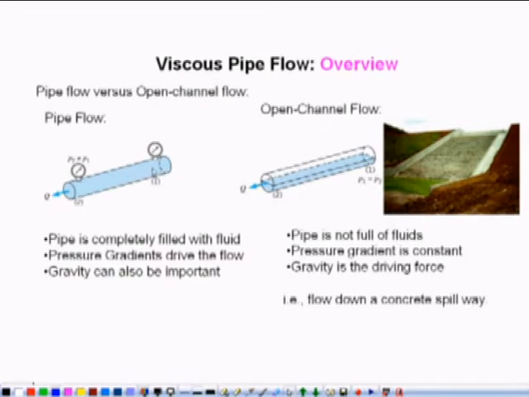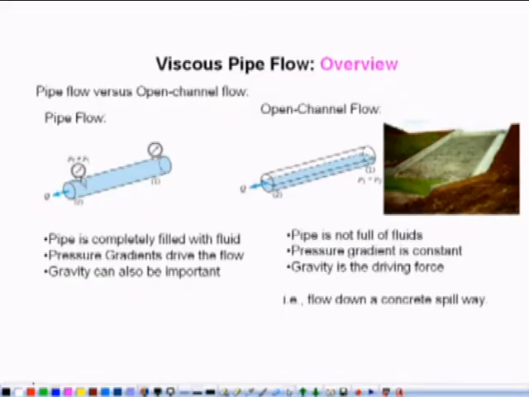So, in pipe flow there is a pressure gradient. What is pressure gradient? It means there is a del P over del X. This pressure must be different than this pressure, only then we have a fluid flow through a pipe. In this case, the gravity also can be important, but it is not only gravity because of which fluid is flowing. Fluid can flow upward also, fluid can flow downward depending on this pressure gradient.